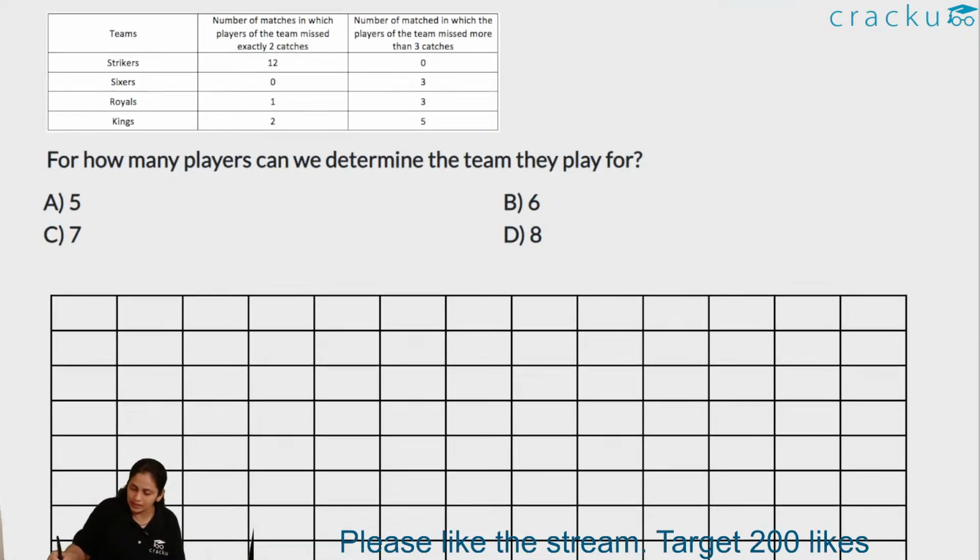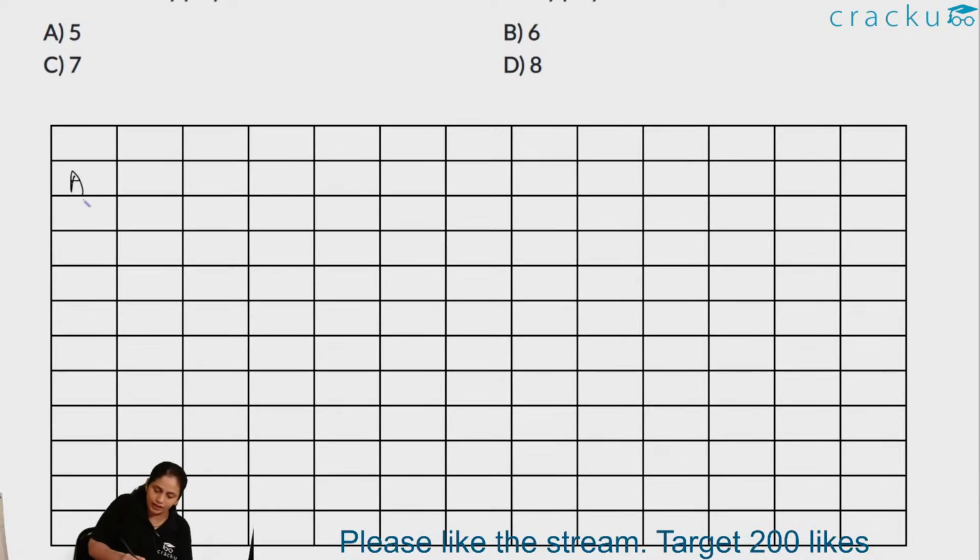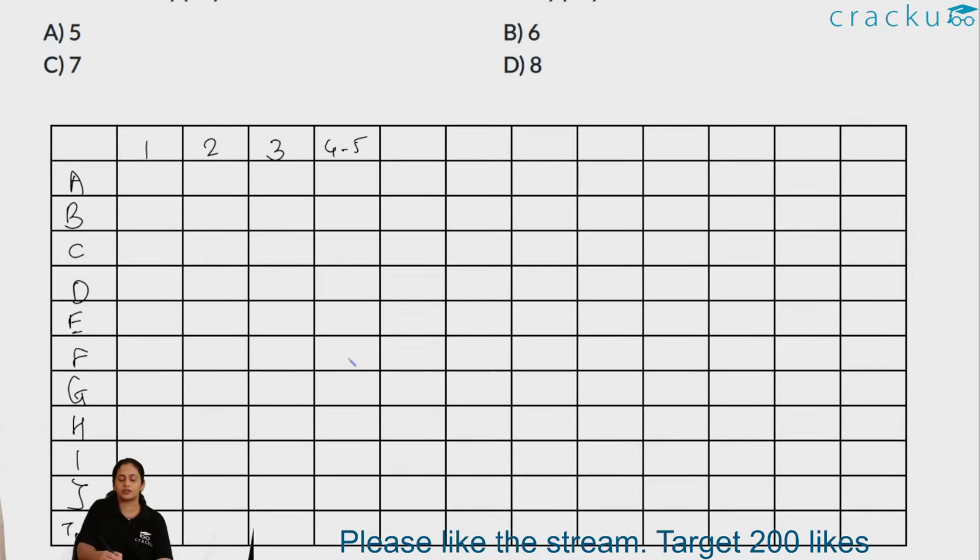Okay, so these are the players which are A, B, C, D, E, F, G, H, I, J, and this is like the total. And you have the number of matches in which they missed 1 catch, 2 catches, 3 catches, or 4 or 5 catches. Now this is basically Strikers, then you have Sixers.